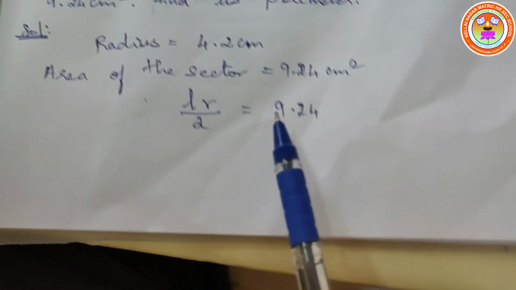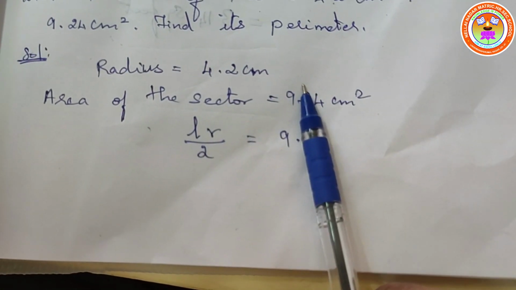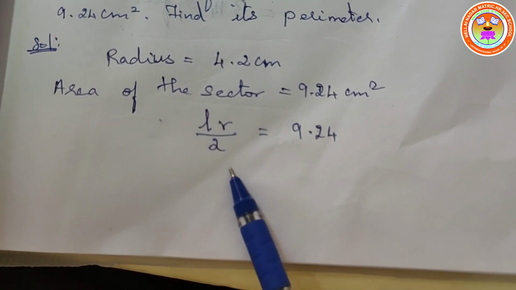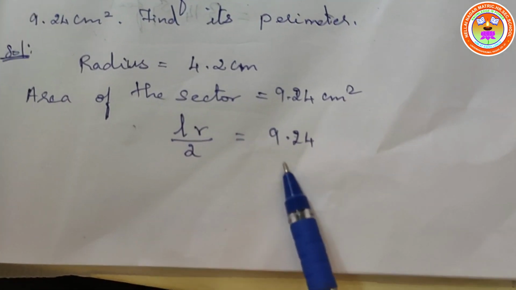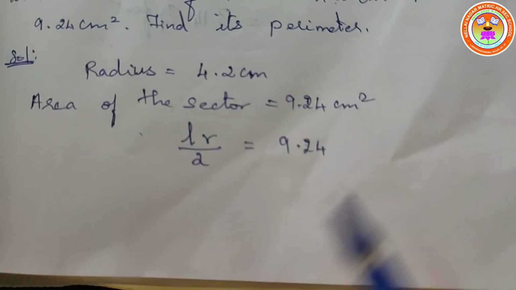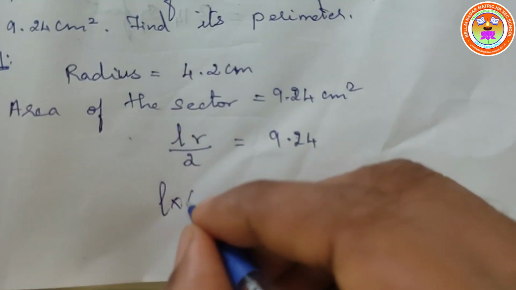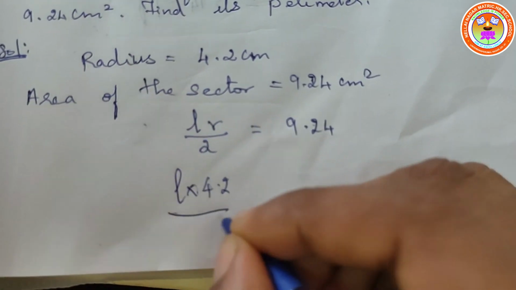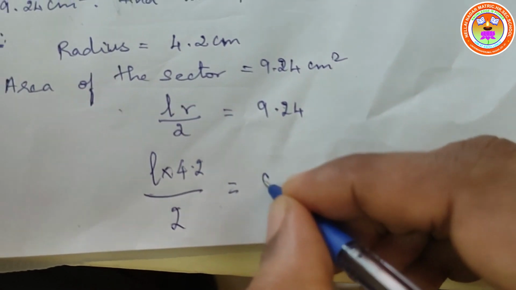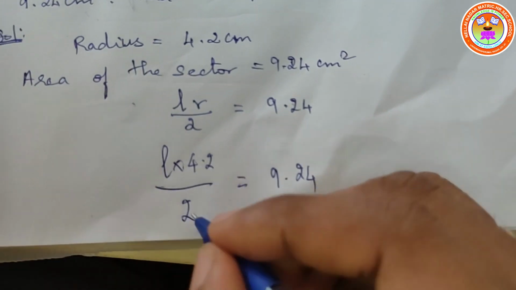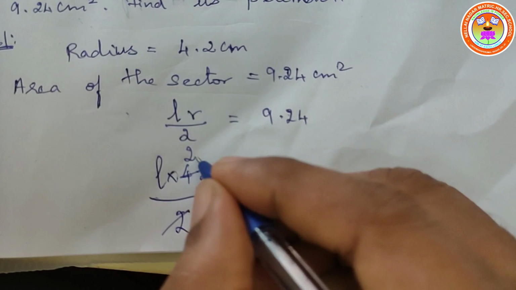Look at this. Radius is given 4.2 centimeter. What is the sector formula? LR by 2. Just now we saw. LR by 2 equal to 9.24. Substitute here: L into R, R is nothing but 4.2, by 2, which is equal to 9.24. This is given as the area, 9.24. Here you cancel it, 2.1.